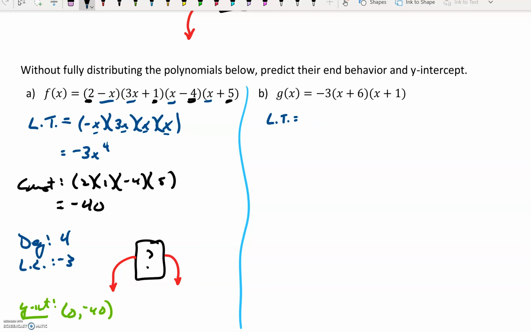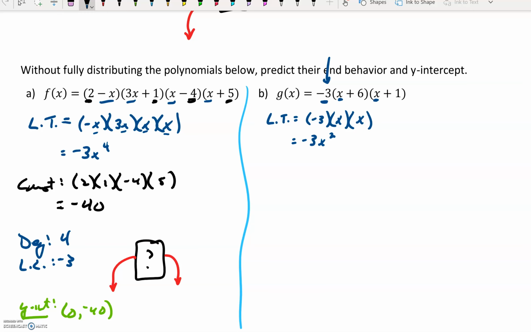My constant factors, negative 3 times x times x. Remember, a constant factor is always going to be a number just by itself, not inside parentheses generally. So my leading term here, negative 3 times x times x is negative 3x squared.